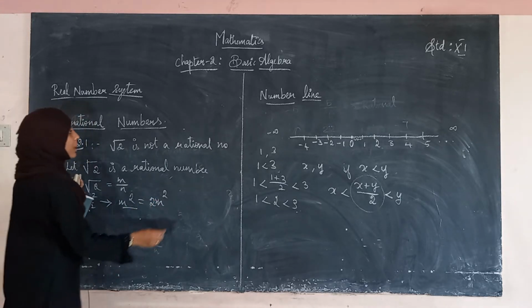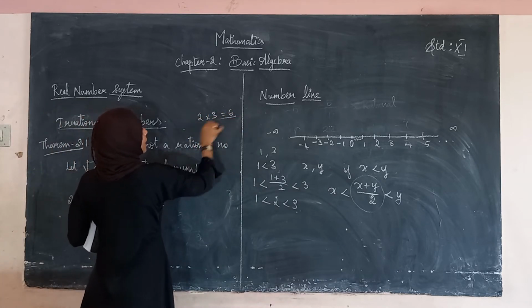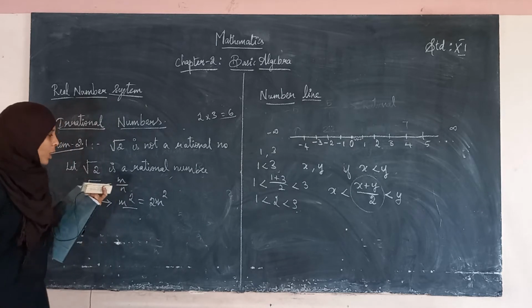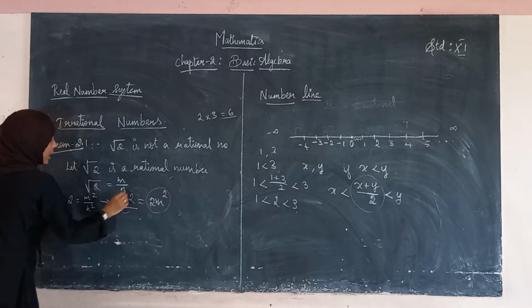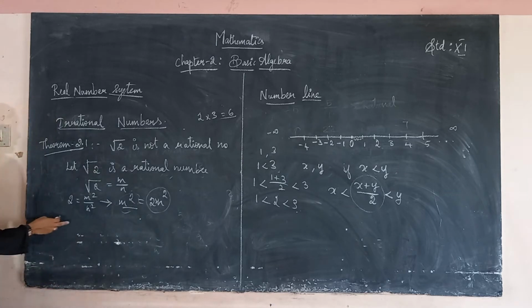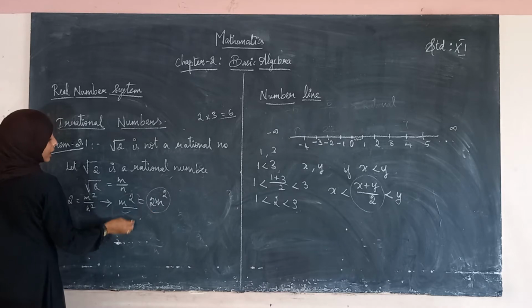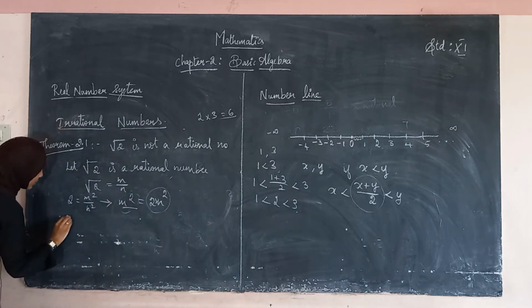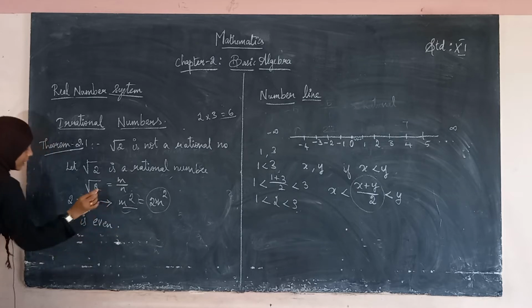If you multiply 2 into some other element, like 3, we get an even element, right? So this is even, which means m square is even. You have to write, since m square is the multiplication of 2 and n square, m square is even.